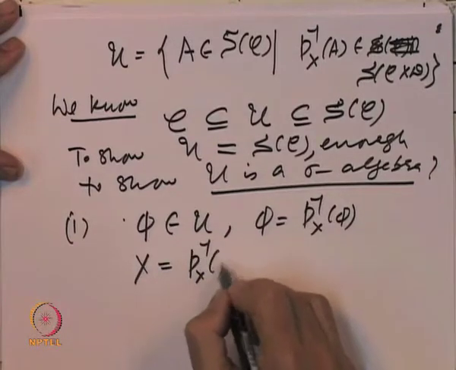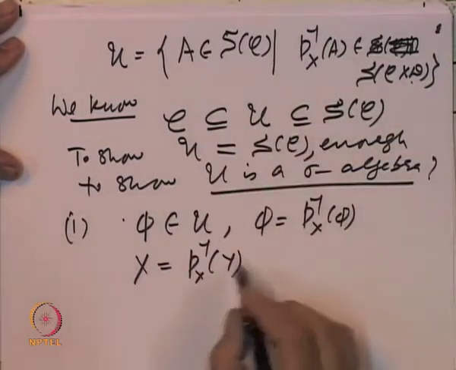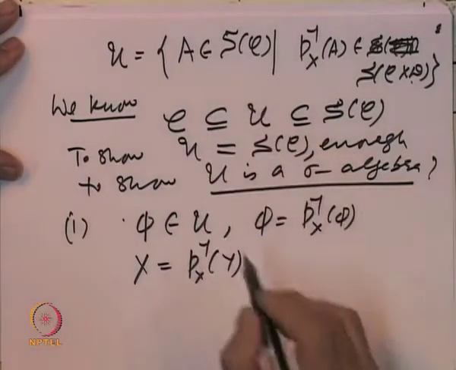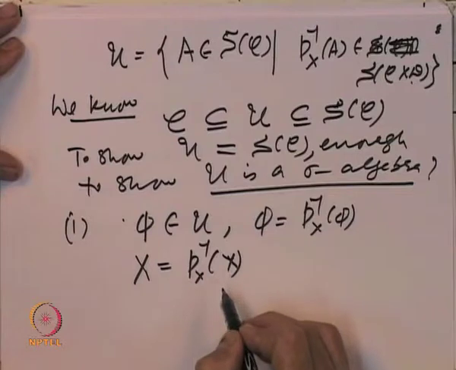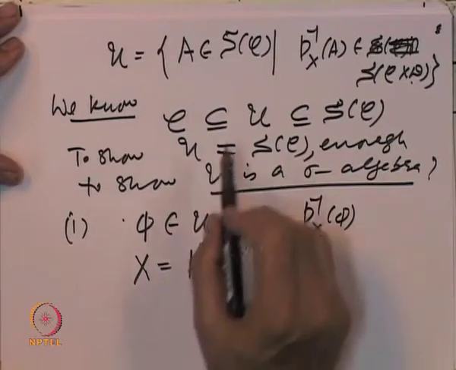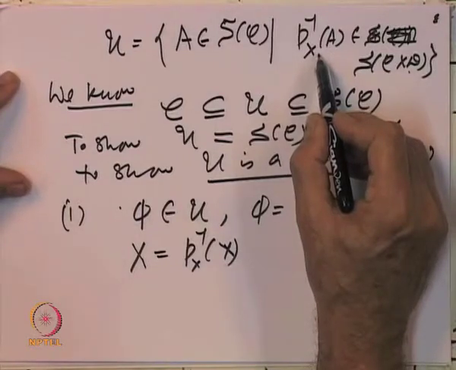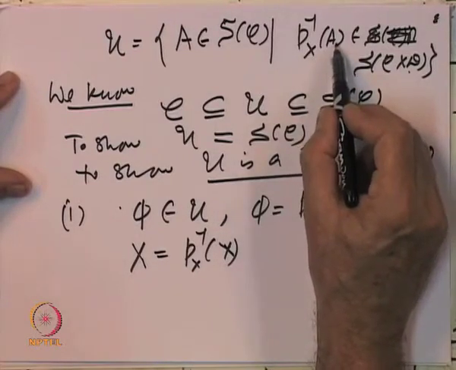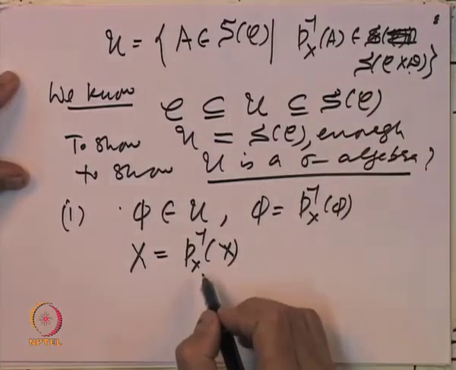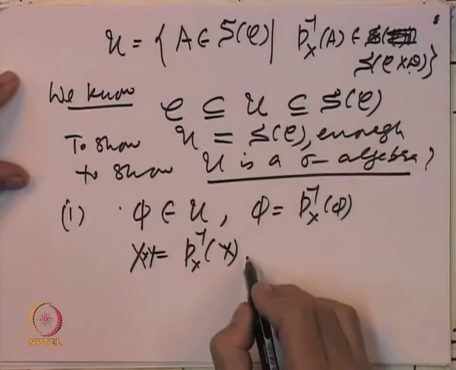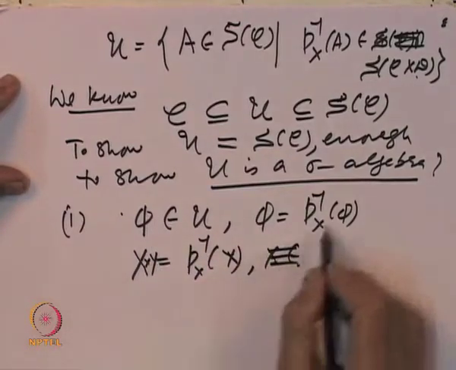X is equal to P_x inverse of Y, and Y belongs to S of C. We want to show that the whole space belongs to U. So, look at P_x inverse of X, that is X cross Y, and that belongs to S of C cross D. So, that implies X belongs to this collection. So, X is also inside it. So, the empty set and the whole space belong to it obviously.